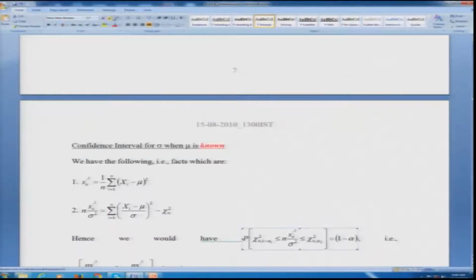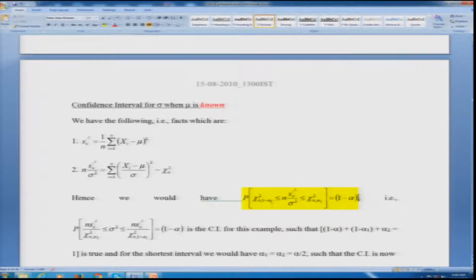Now, when we want to find the interval, which I am again highlighting for the case of the standard deviation, when we have not yet simplified it, it will be basically chi-square n, because n is the degree of freedom.